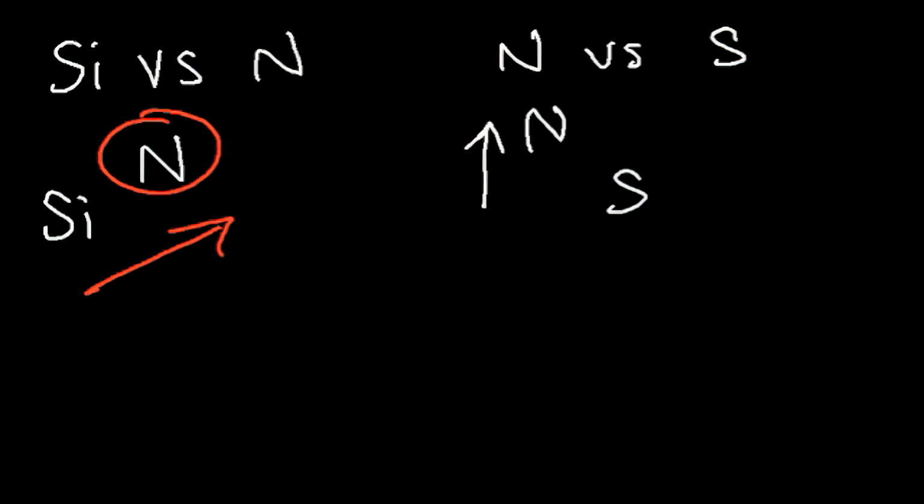Now, if you're ever unsure, at this point you can look at the electronegativity table and see which one is higher. The electronegativity for nitrogen, according to most textbooks, is roughly about 3.0. For sulfur, it's 2.5. So as you can see, going up has more priority than going to the right.